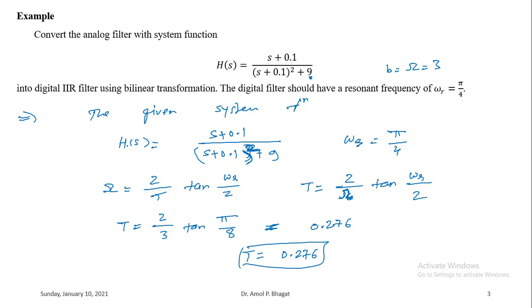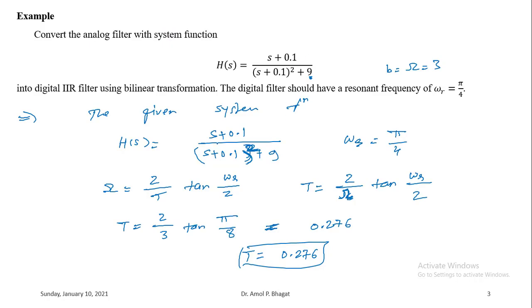Again, this H of z can be obtained from H of s by substituting s equals 2 by T, z minus 1 upon z plus 1, in place of s. Where there is s, I will substitute that value.